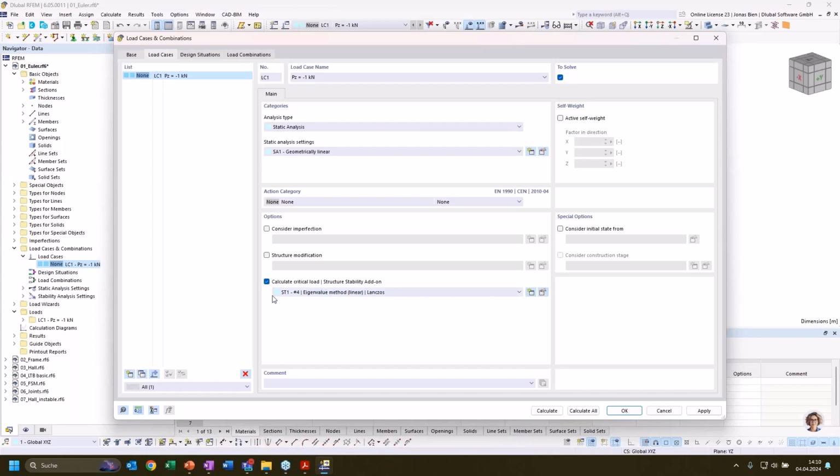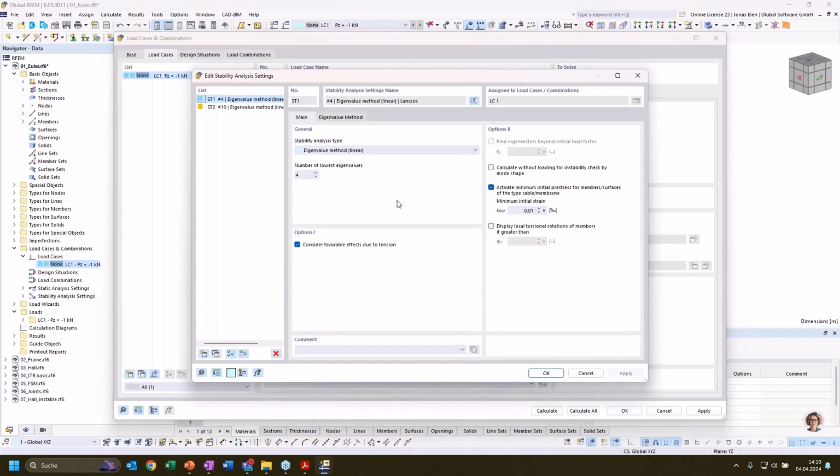I then have a general setting for this stability analysis that I can of course change. In the stability analysis settings, I can choose which method I want to use for the critical load factor determination. In this webinar, we want to focus on the linear stability analysis, as I said before.